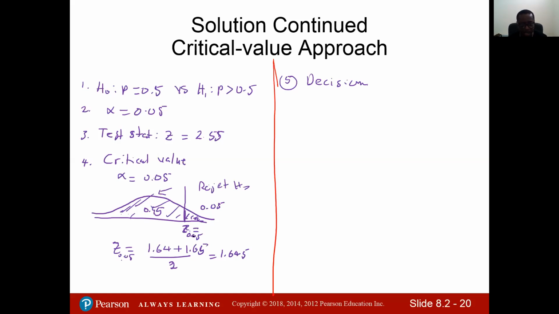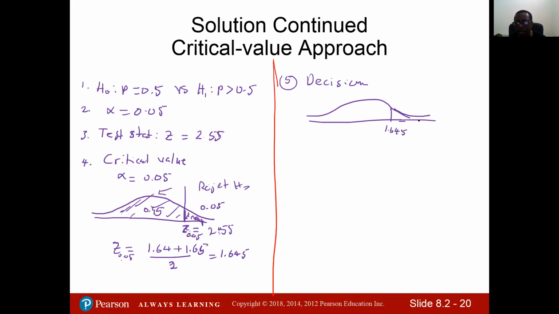Now, my test statistic is 2.55, which falls in this region. Let me draw this again. My critical value is here, 1.645.